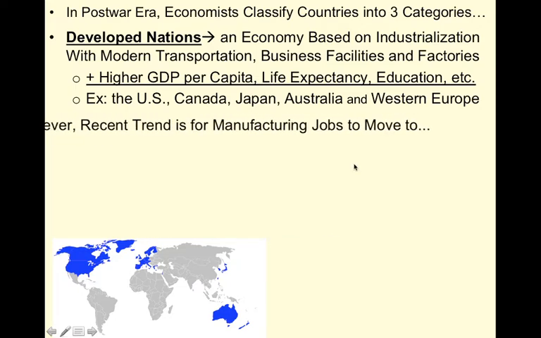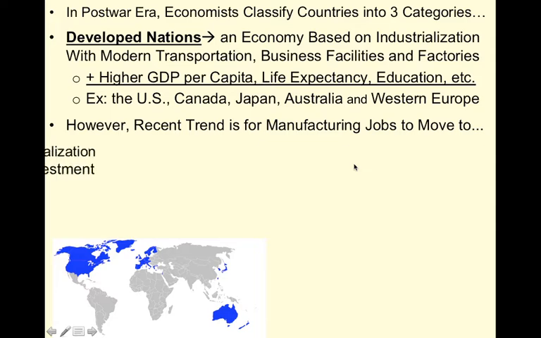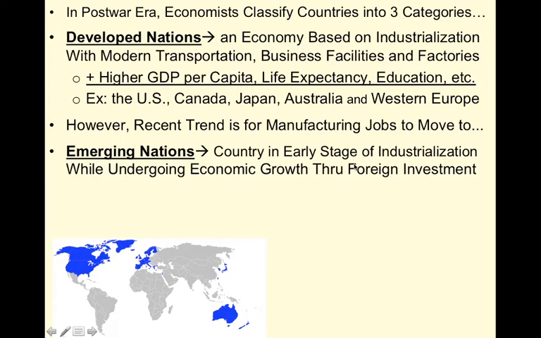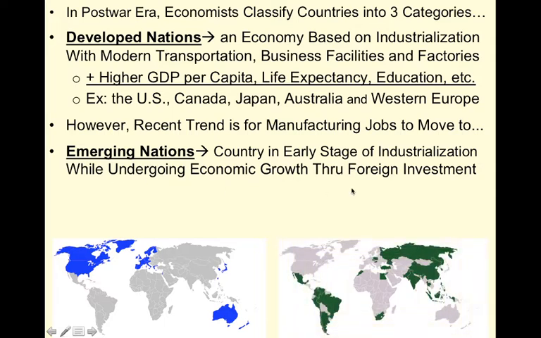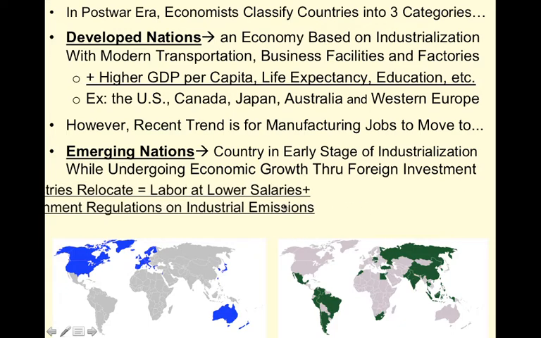Then we're going to move to what we call emerging nations. This is where countries like Mexico, China, and Brazil are undergoing economic growth. You can see all these areas here in green. And what we see is a lot of factories in the developed nations are now moving to these areas because it's cheaper for them as far as salaries.